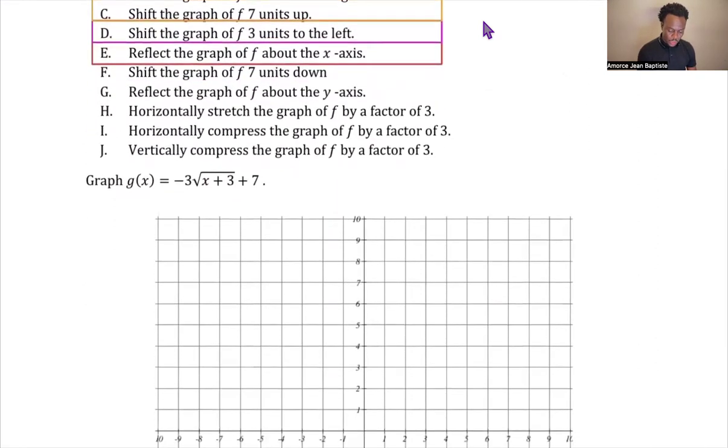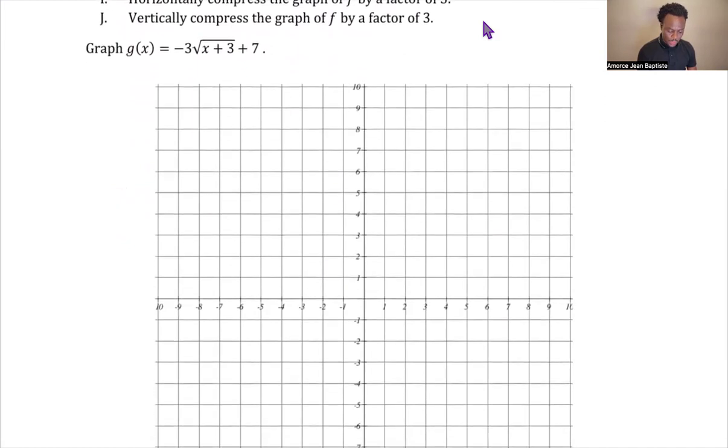We can use our graphing calculator to find some values. But because we already know how the parent will be, I'm just gonna sketch it without a table. It's square root of x. So x equals 0, square root of x is 0. X equals 1, square root of x will be 1. X equals 4, square root of x will be 2.